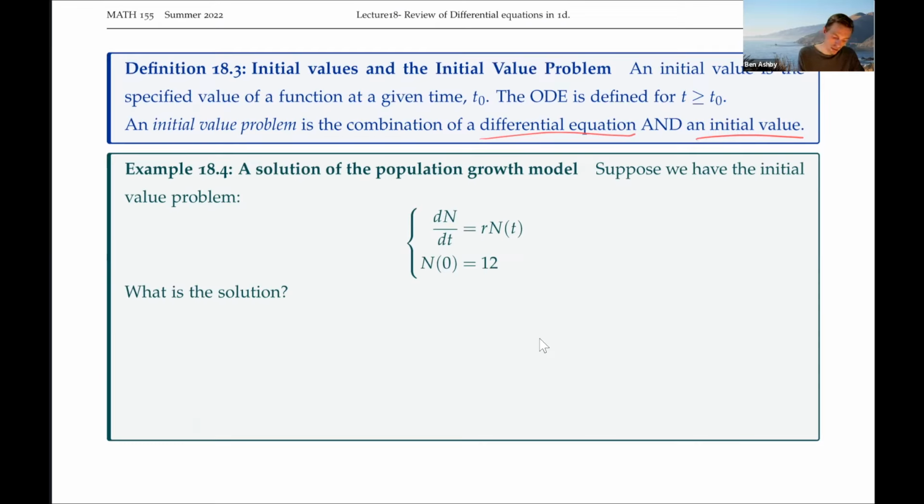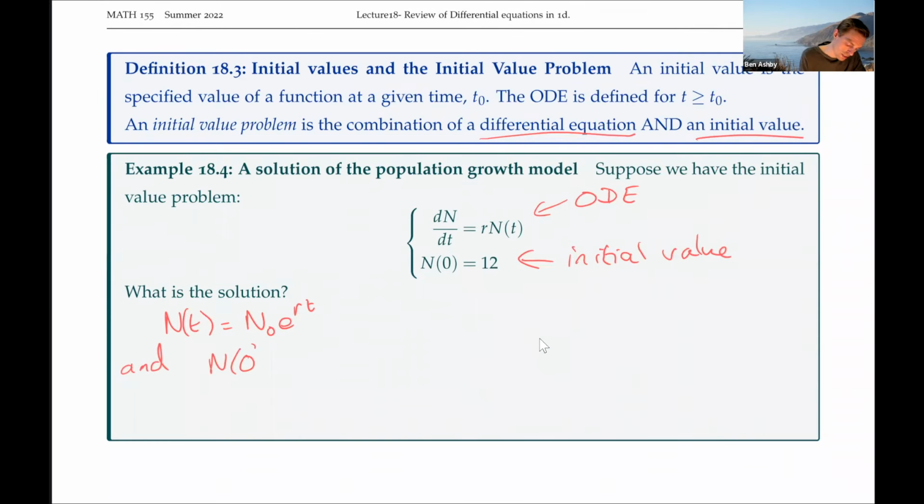Okay, so this is an example of an initial value problem where we have both our ODE and an initial value. And using that, we can find our general solution potentially and then plug in our value of N at time 0 to get a specific solution. So we know that we have N(t) is equal to N0 e^(rt), and we know that N at time 0 is equal to 12.